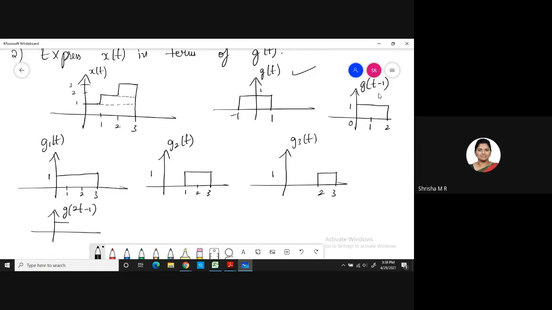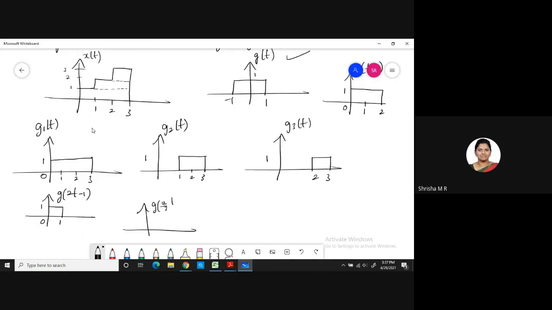So my signal is existing from 0 to 1 with an amplitude 1. Now I want my signal to exist from 0 to 3 because I want to express g1 of t in terms of g of t -1. So what do I do to get this signal from this? You'll scale it by a factor 3. So you will have g of 2 by 3t -1.